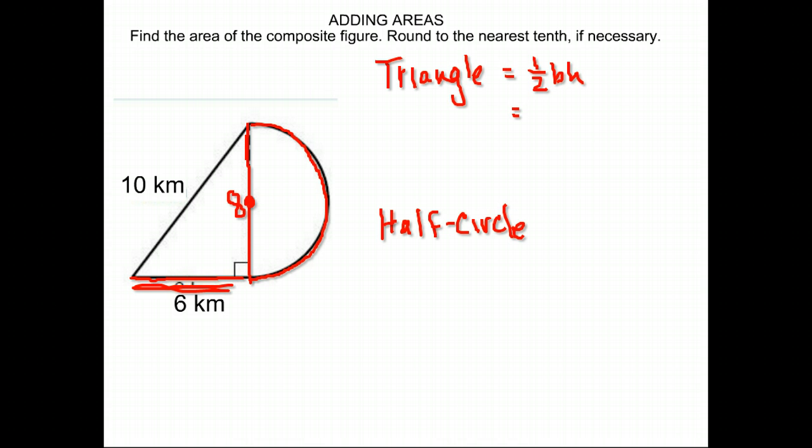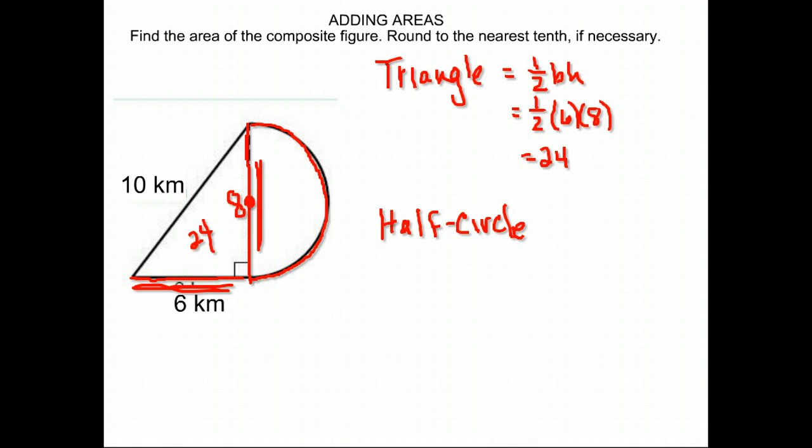In this case, our base is 6, our height is 8. Again, you can't use the 10 as the height because it's a diagonal side. They have to make a right angle to be the base and the height. Okay, calculate that. We get the area of the triangle is 24.